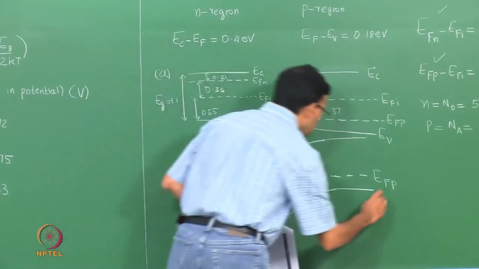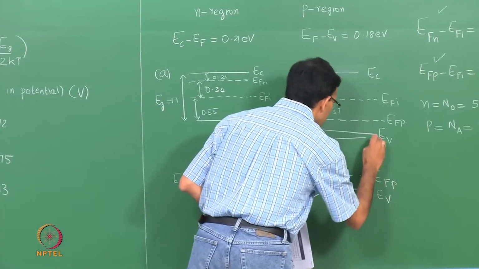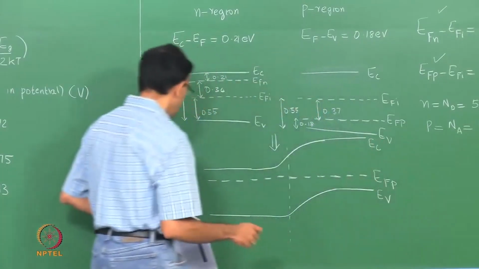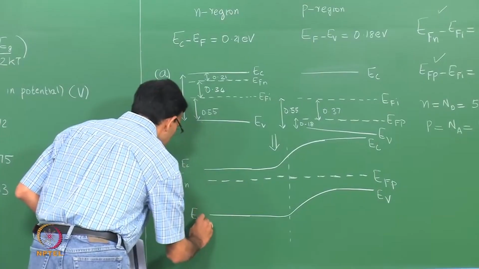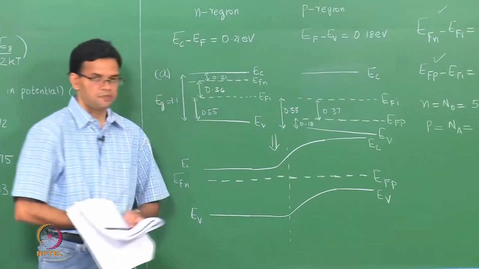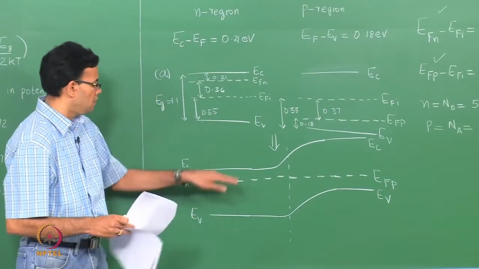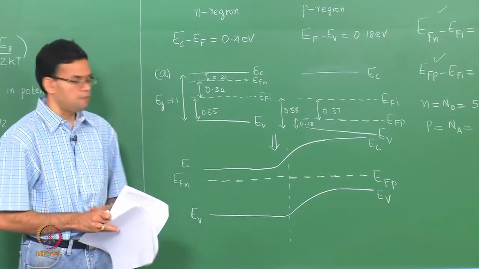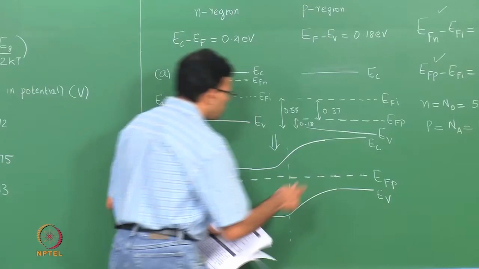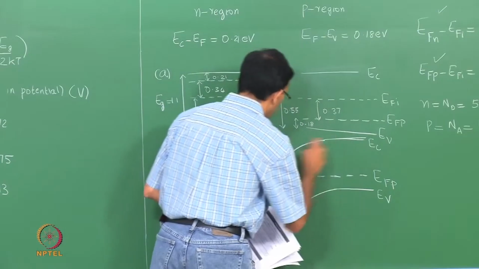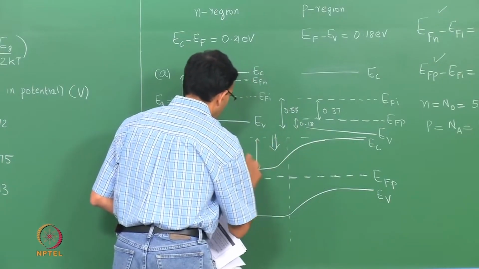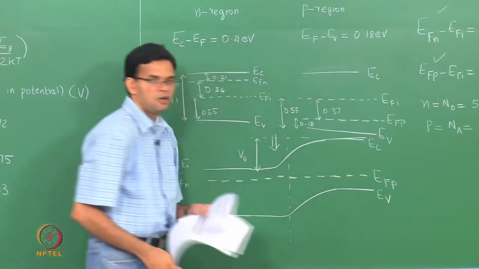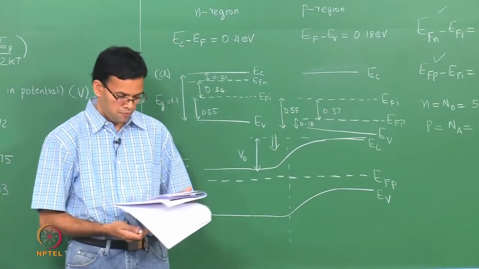So that these two join. So, this is EV, this is EC, this is EC, this is EV. So, you have the Fermi levels lining up and there is a built in potential, this is a straight line, and there is a built in potential V naught formed at the junction.